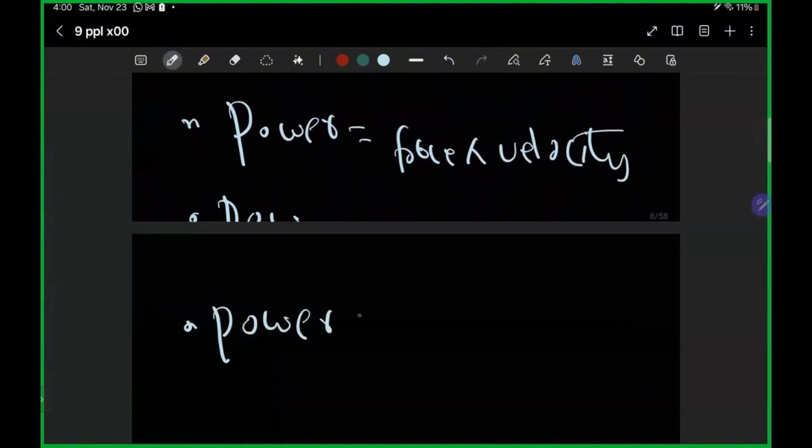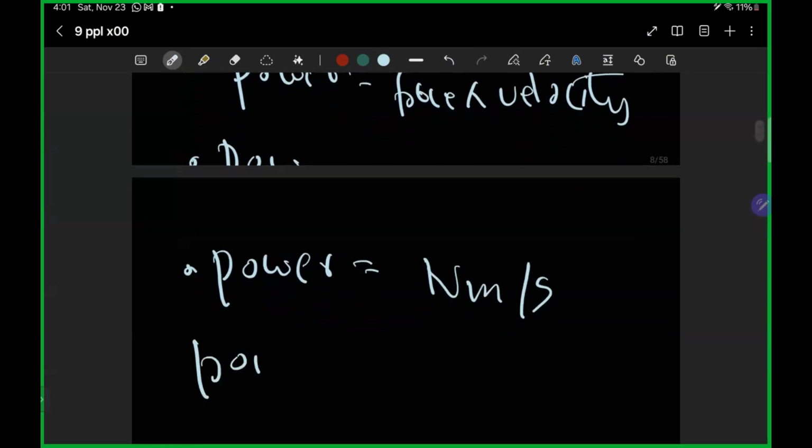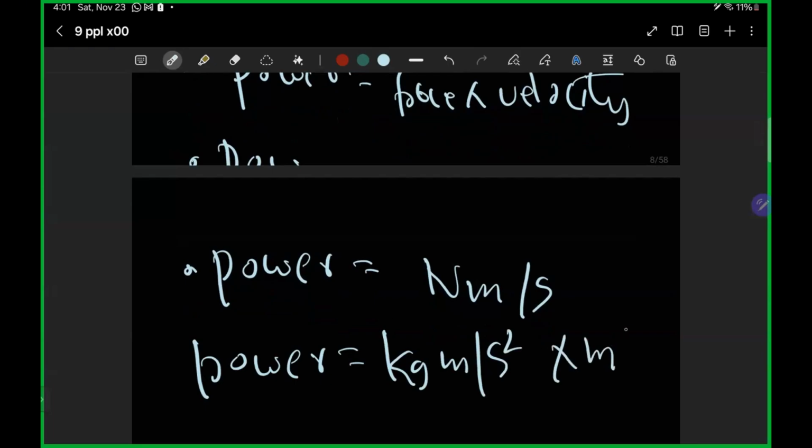The unit of power is derived as follows: the unit of force is Newton, and the unit of velocity is meter per second. Or we can also describe it accordingly with Newton, kg into meter per second square, multiplied by meter per second.